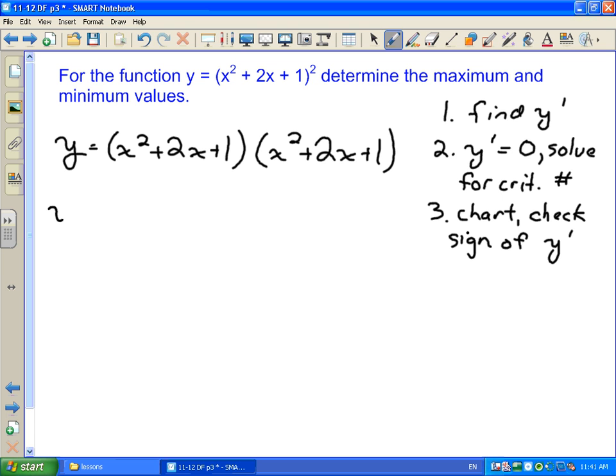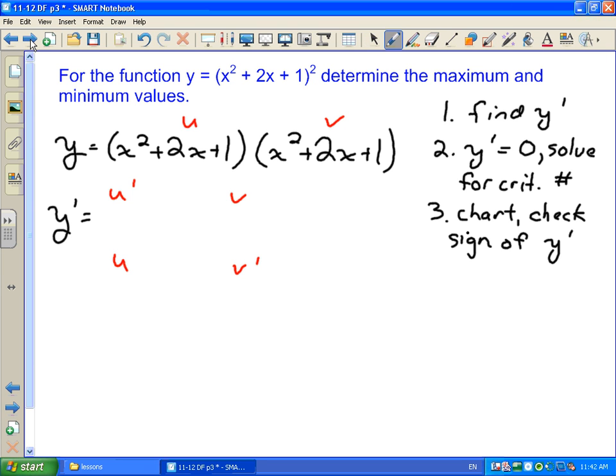So now we're going to take our derivative. So we've got u and v, and of course we want u prime v, and then we want u v prime. So if I have to do this on 2 lines, v prime, and I'll slide the v over a little bit here.